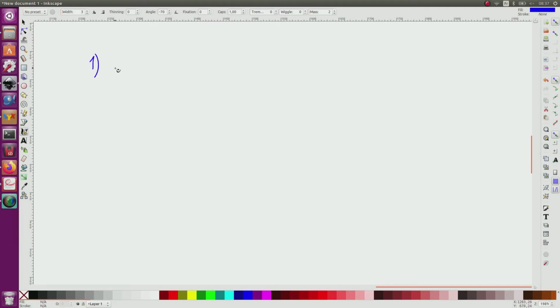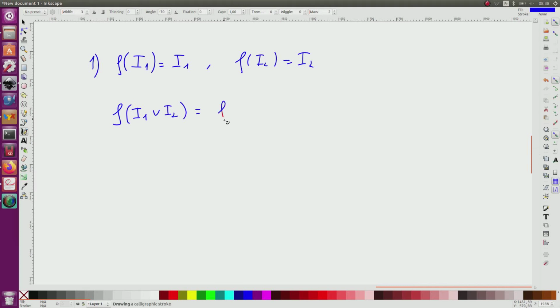So for the first question, I assume that I1 satisfies f of I1 equal I1, and I assume also that it is the case for I2. If I consider f of the union of I1 and I2, due to set theoretical properties, it is equal to f of I1 union f of I2.